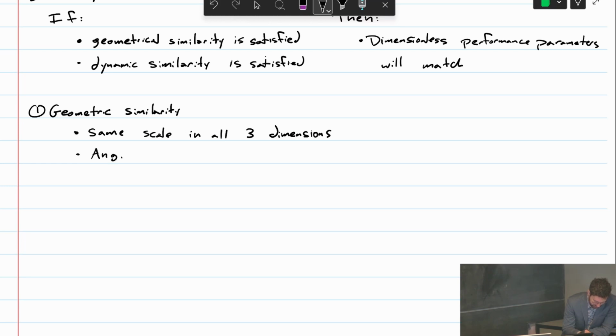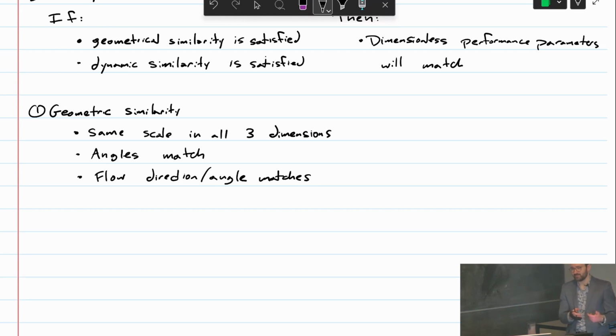Angles all match as well, so that will happen if you scale it properly. And the flow direction also has to match. So flow direction slash angle matches. These are all intuitive. You have to blow on your airplane the same way in the wind tunnel that you're going to blow on your airplane in the real world for the results to match.